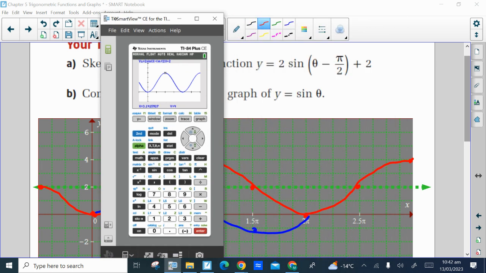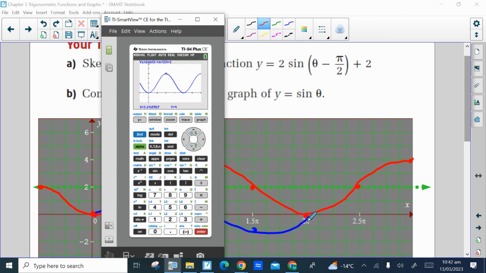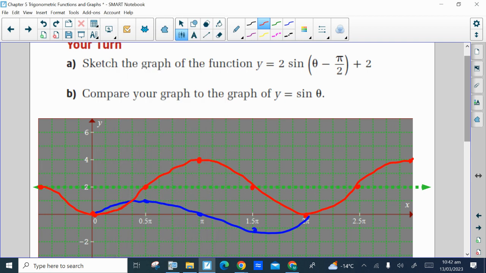My next minimum point is at 2 pi. So that works as well. Right, so the calculator graph matches what we drew. So we can always use that to check.